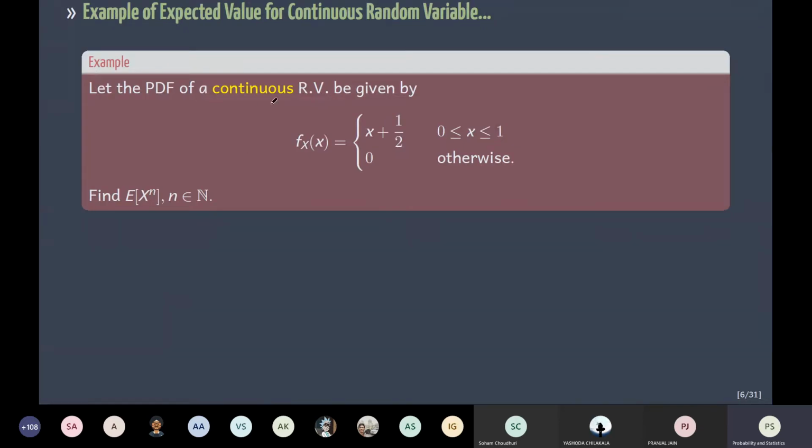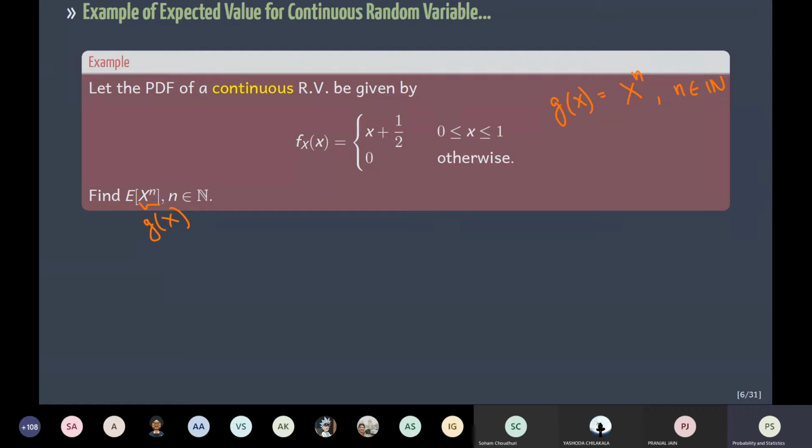So let us see an example of computing the expectation of a function of a random variable. Let us say our function g of x is x to the n, where n is some natural number. The goal is to compute the expectation of g of x.